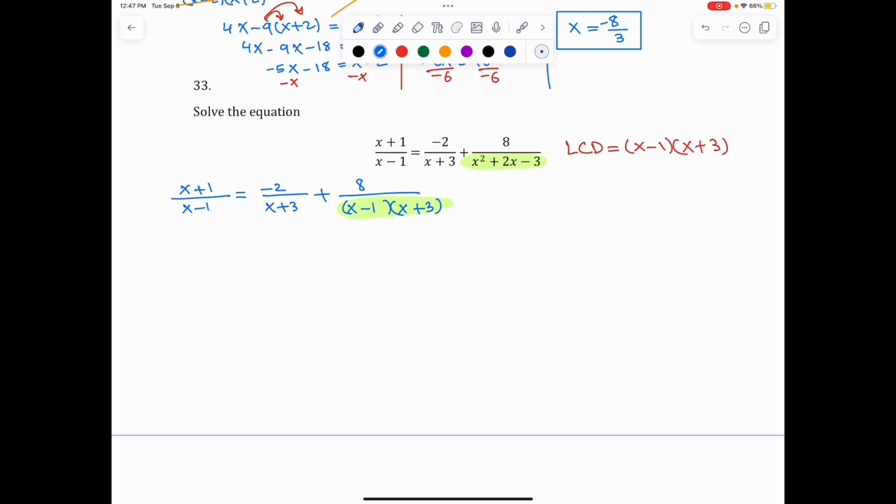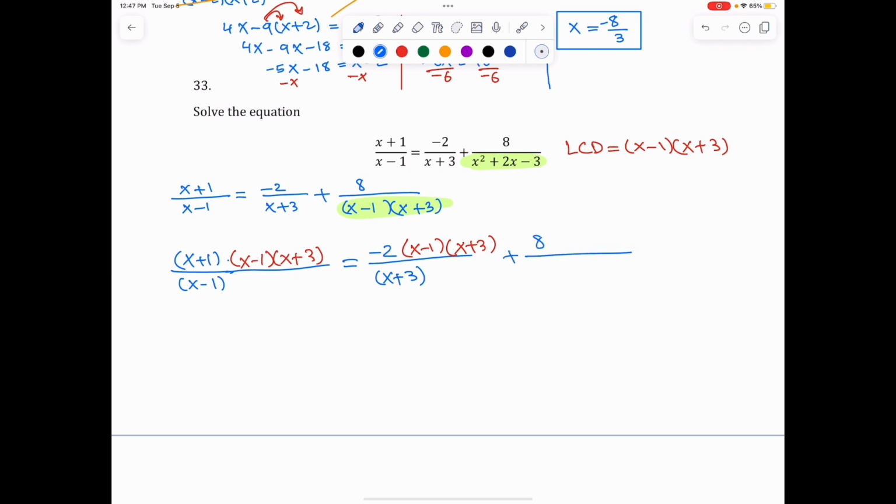I will multiply by the least common denominator, x plus 1 over x minus 1 times x minus 1 times x plus 3, plus 8, equals negative 2 over x plus 3 times x minus 1 times x plus 3, plus 8 over x minus 1 times x plus 3 times x minus 1 times x plus 3.